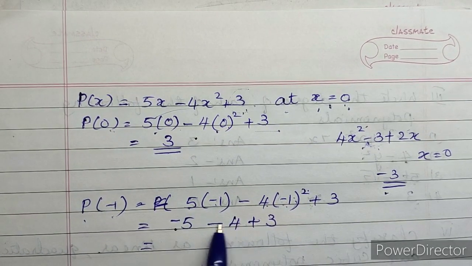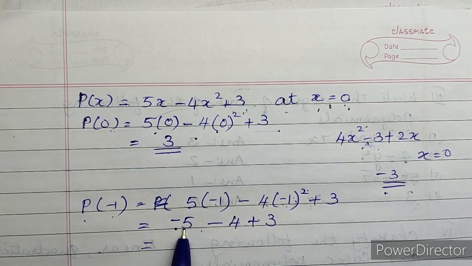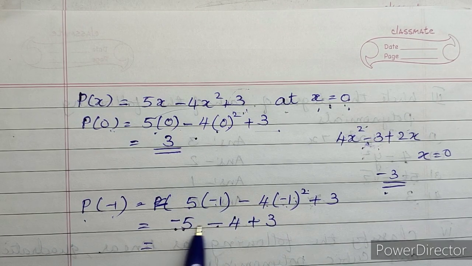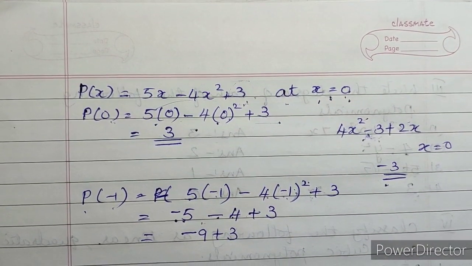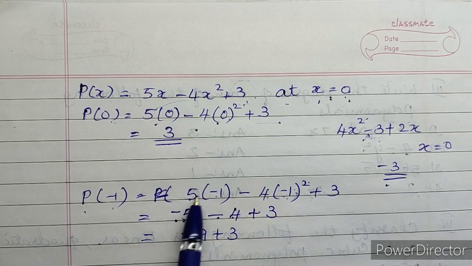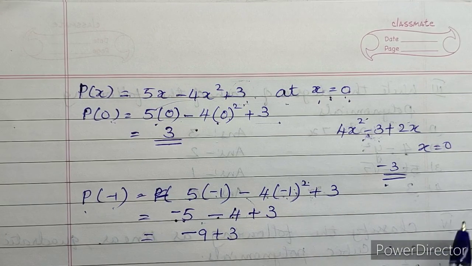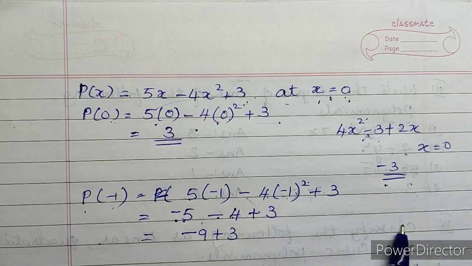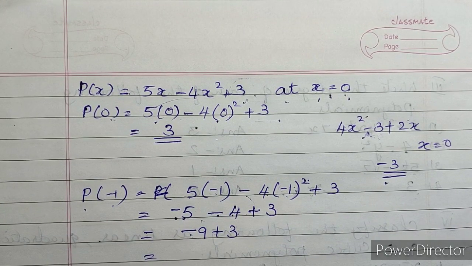Which is equal to, how will you do this? All the negatives together you add, all the positives together you add. So minus 4 and minus 5 you can add together, it is minus 9. Only one positive, plus 3. So whenever so many negative and positive numbers come, you have to select all the negatives together, add them, select all the positives together, add them, then finally you can subtract, because one negative and one positive comes, you have to obviously subtract.